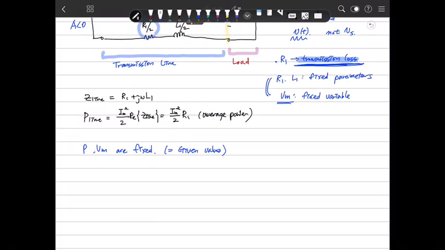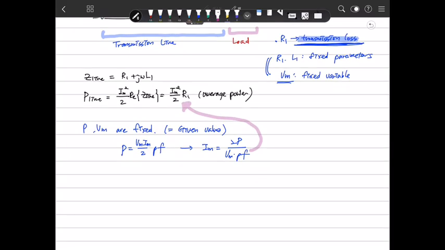So the power is Vm, Im, and power factor. That means the current magnitude is determined by P, Vm, and power factor. So we add that variable here.